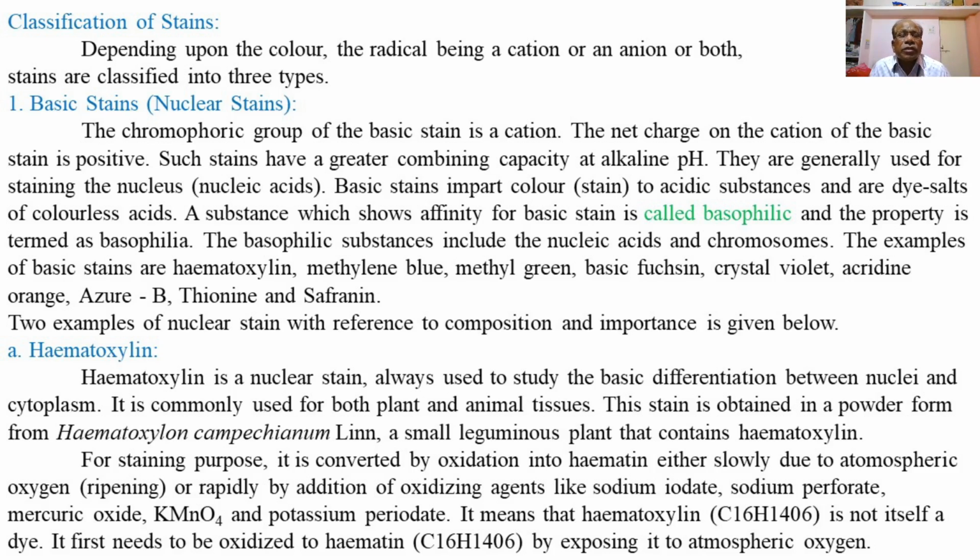For staining purposes, it is converted by oxidation into hematine, either slowly due to atmospheric oxygen or ripening in the atmospheric oxygen, or rapidly by addition of oxidizing agents like sodium iodate, sodium perchlorate, mercuric acid, mercuric oxide, KMnO4, and potassium periodate.